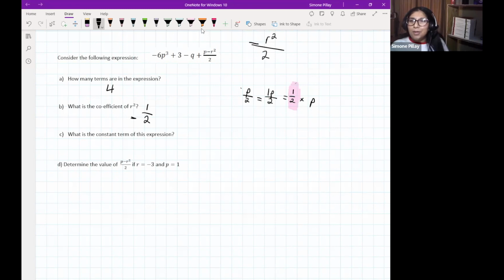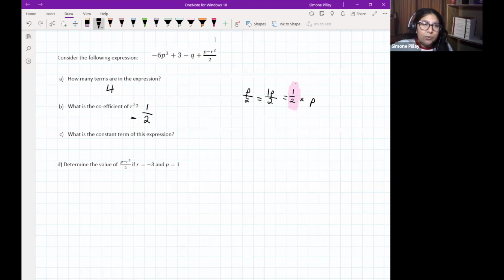I don't know why I'm writing skewed. Yeah, so that's where the negative comes from. I just took the sign that was in front of r. Okay. Alia, you understand. Happy to hear that.